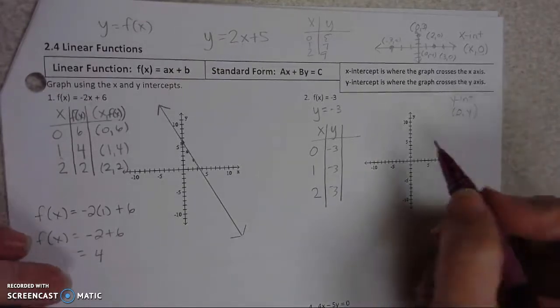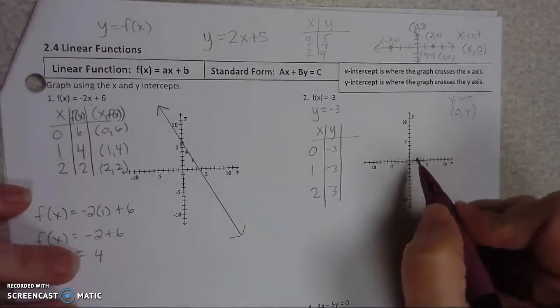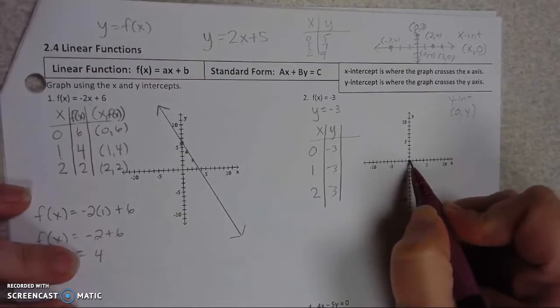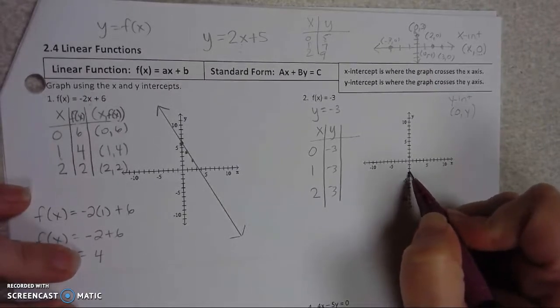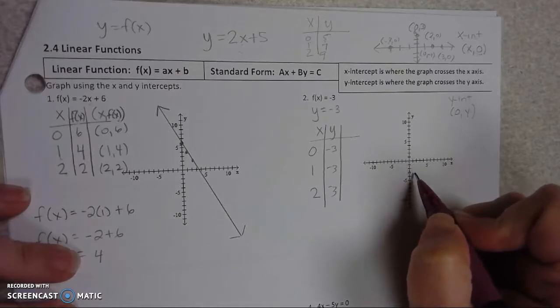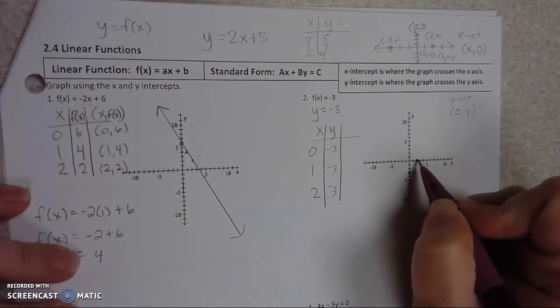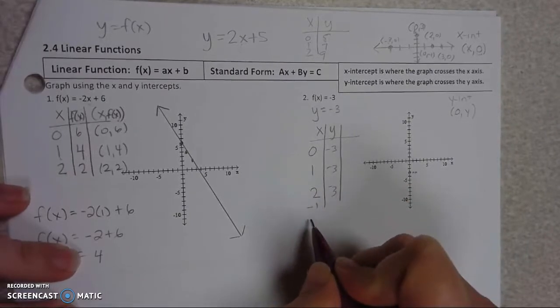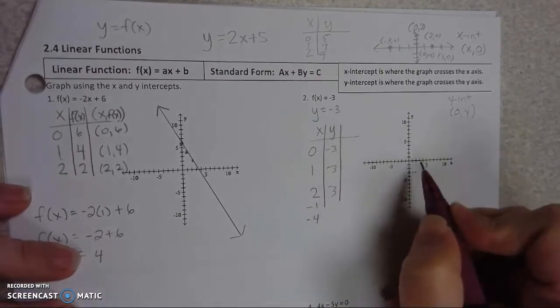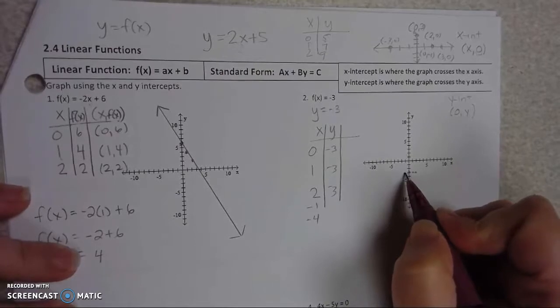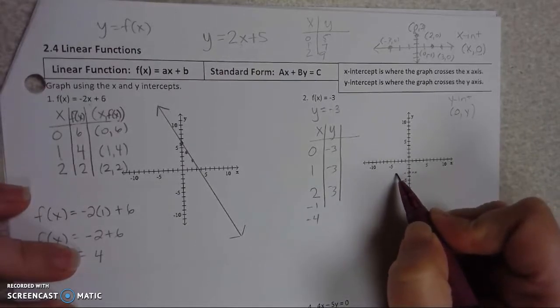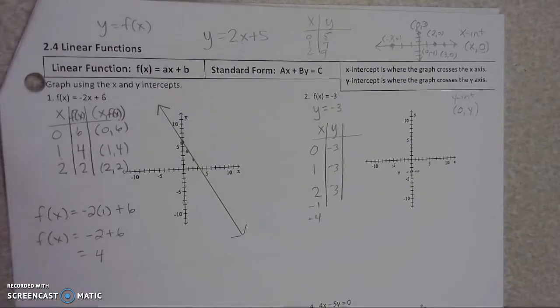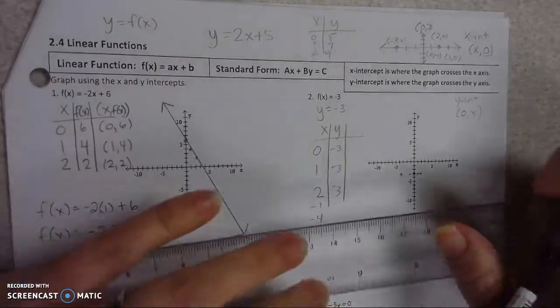If I were to graph this, from the origin, none left or right, and down 3, 1 right and down 3, 2 right and down 3. If I picked negative 1, negative 4, I would go left 1 and down 3, left 4 and down 3. You should start to see what kind of line it's forming.